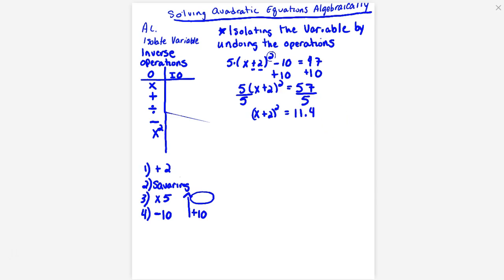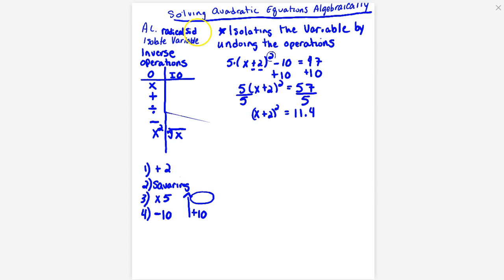There are no other decimals. Okay, now here's the tricky part. The inverse operation of squaring, let's add that to the table, is the square root. And that little shape I just drew is called a radical. So let's add that up here in our academic language: radical sign.